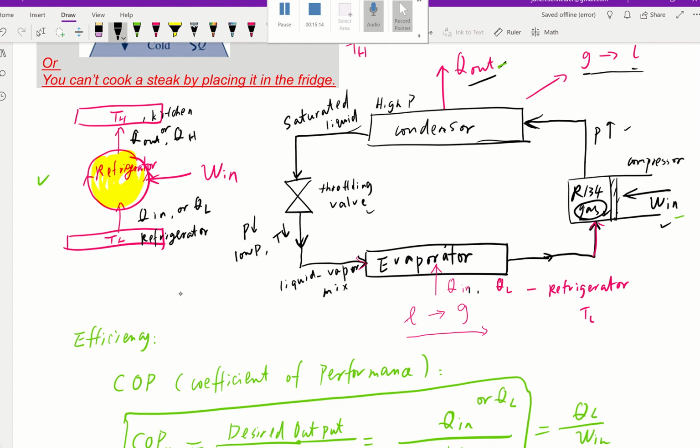So look at the cycle here. What's coming into the system? That would be QL and work coming from the compressor. Those two arrows go into the cycle. And what comes out will be this QH.